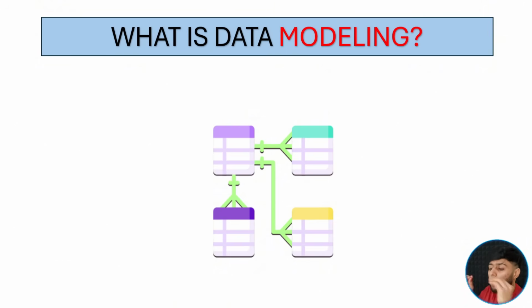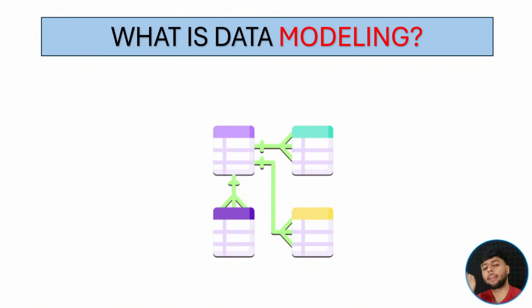So when you are working with big data, when the size of data is too big, not only in the form of rows but in the form of columns as well, then you have to use something called data modeling. Now you will say, hey, what if we do not use data modeling in a data warehouse?